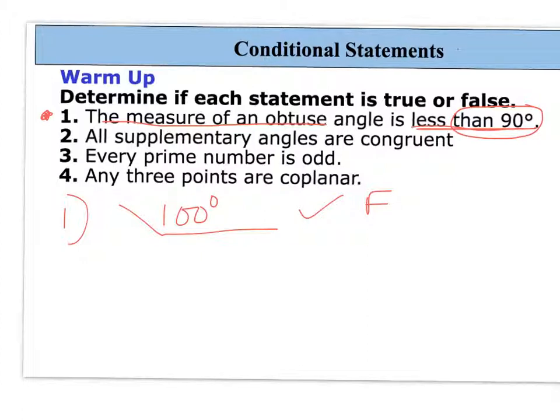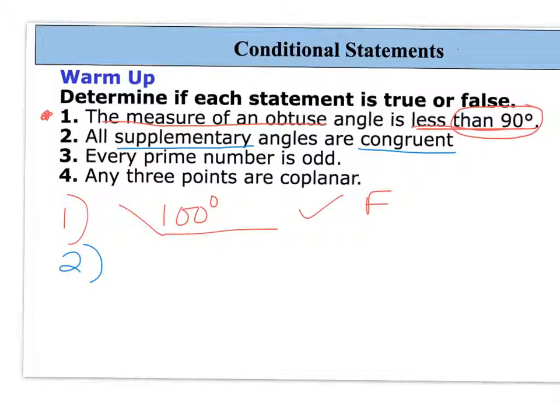Let's look at number two. Number two says all supplementary angles are congruent. I know in your heads you're thinking of 180, right? Supplementary angles have to add up to 180 degrees, but do they always have to be congruent?